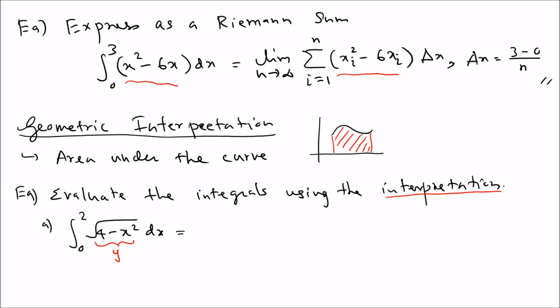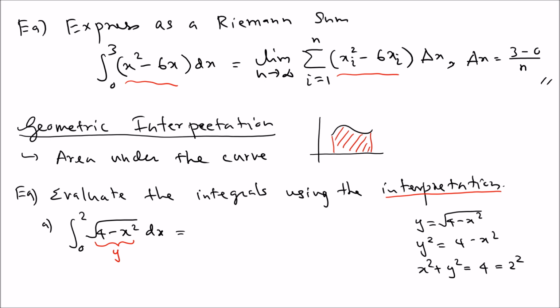You can see that y equals square root of 4 minus x squared, and once you square both sides, you can write this as y squared equals 4 minus x squared. If you bring it to the other side, this is x squared plus y squared equals 4. 4 means 2 squared.